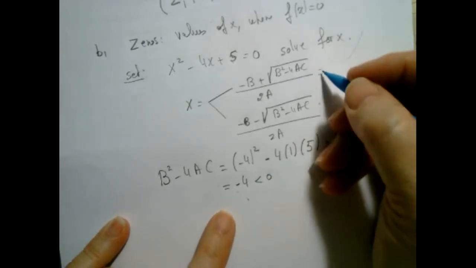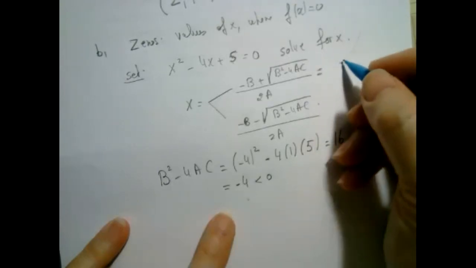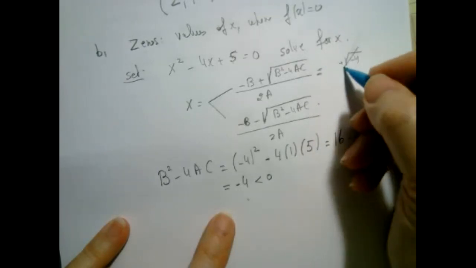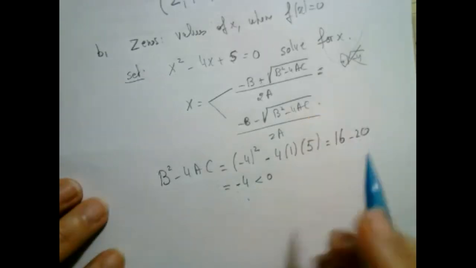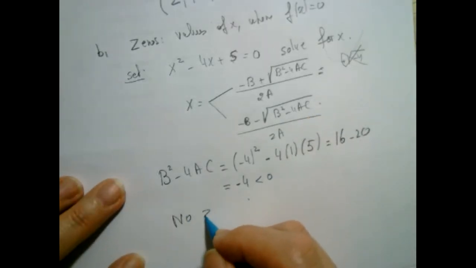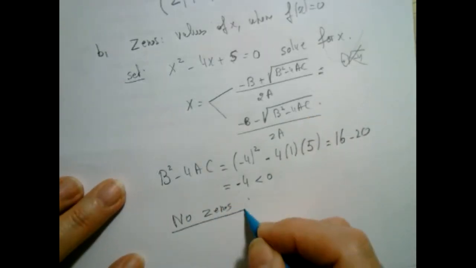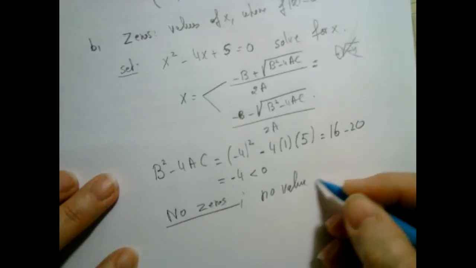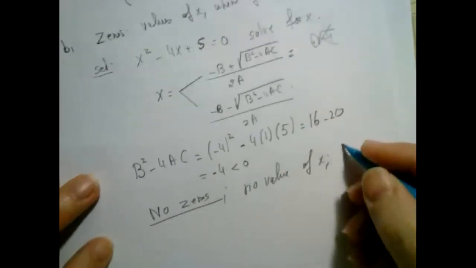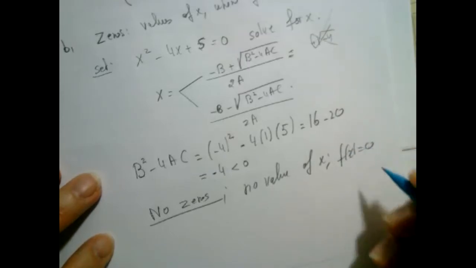So if I'm going to use the formula, I'm going to have a negative number under the root, which is not defined. What does it mean to you? It means that there are no zeros. It means to you there is no value of x such that f of x equal to 0.